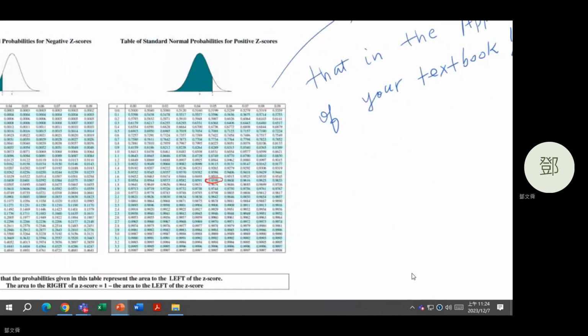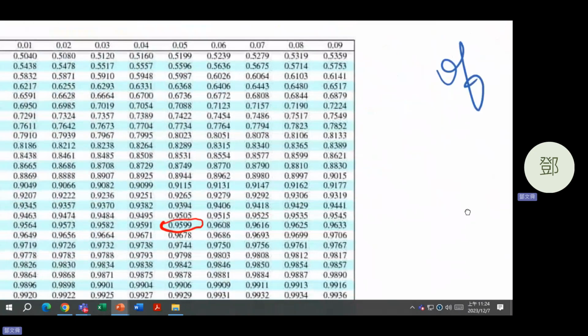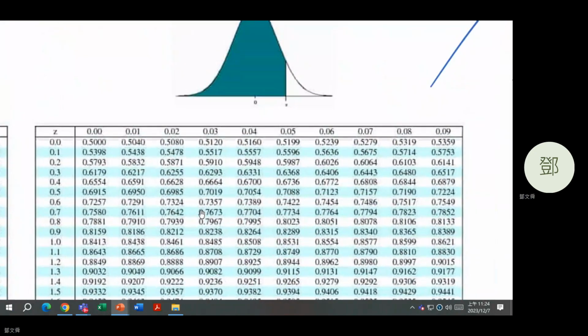What happened? Oh, it is 7486. Here. 7486, all right? Let me mark it with a red pen. Yep, here.